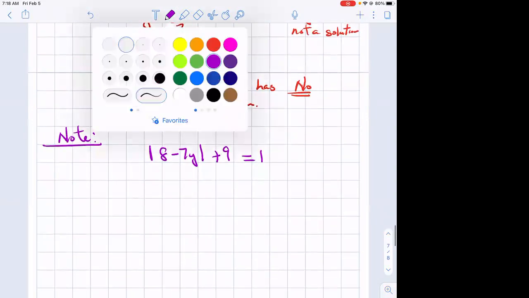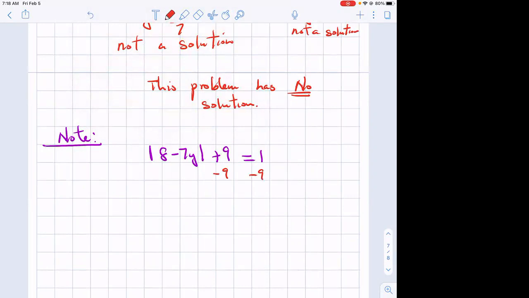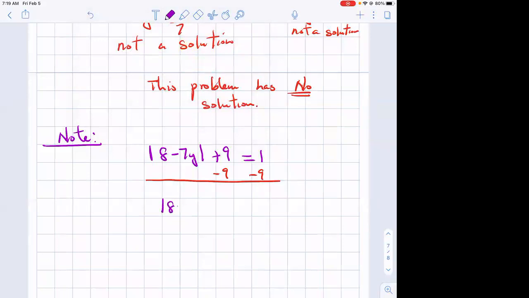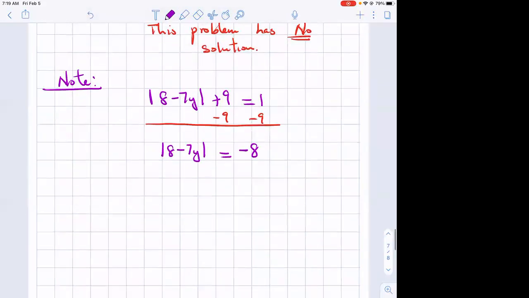And when we moved this 9 to the right side, we have the absolute value of 8 minus 7y is equal to minus 8. Something to note here is that the absolute value of any expression has to be equal to something positive. Otherwise, we will have no solution, because the absolute value of any quantity is a positive answer.